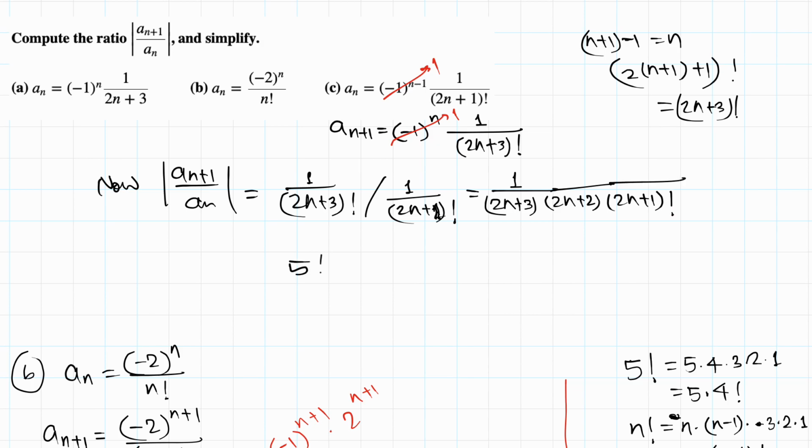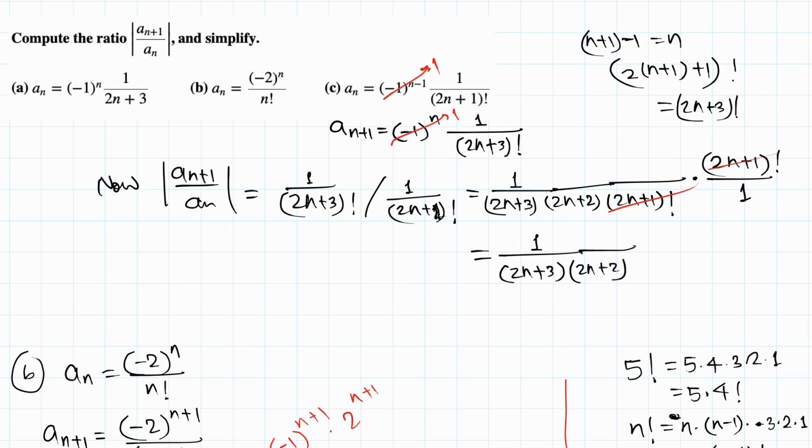It's like 5 factorial is 5 times 4 times 3, 2, 1, and I'm going to stop here because 2n plus 1 we have here. So we are dividing, right? Dividing means multiply, then this flips, so 2n plus 1 factorial on the top divided by 1. As you can see, 2n plus 1 factorial cancel. What is left over? 1 over that. So this ratio is 1 over 2n plus 3 times 2n plus 2.